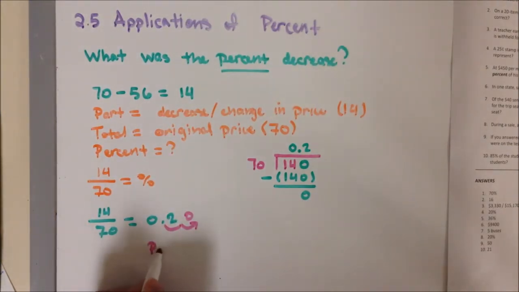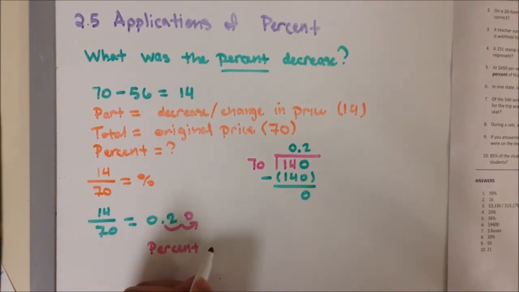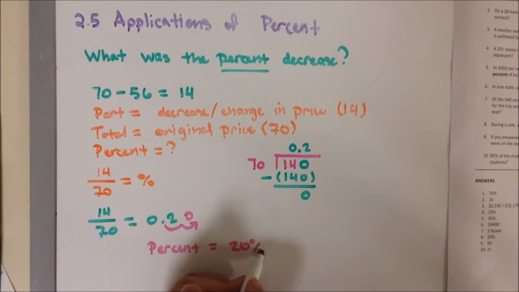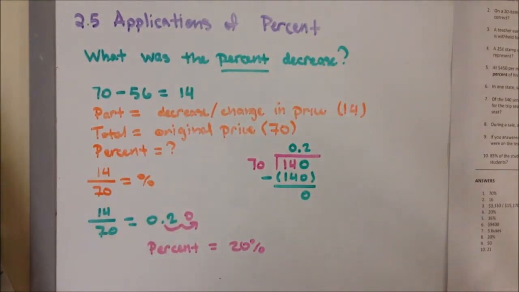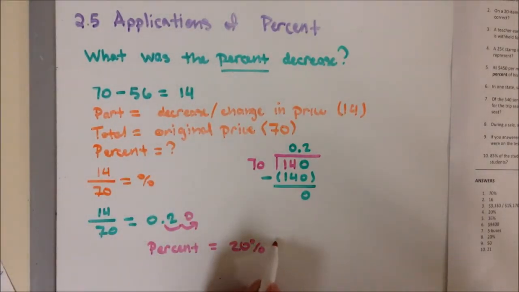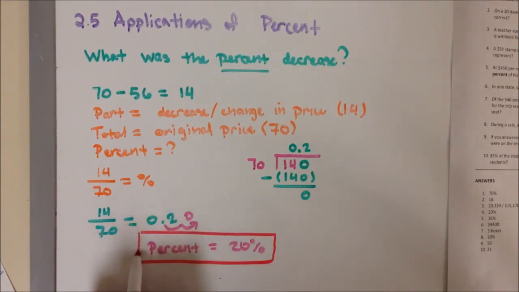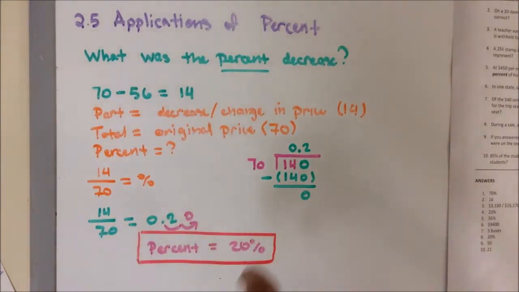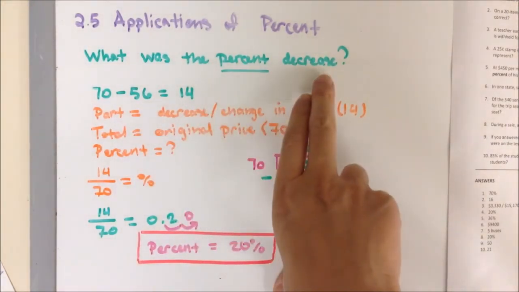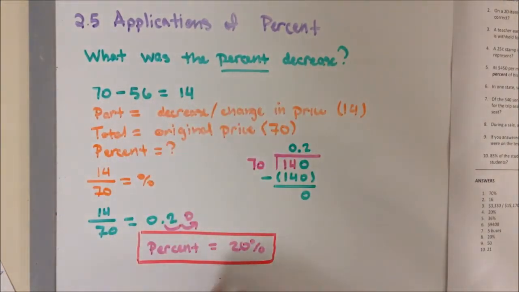So my percent of decrease is 20%. So that's going to be our final answer. So the percent decrease of the price change is 20%.